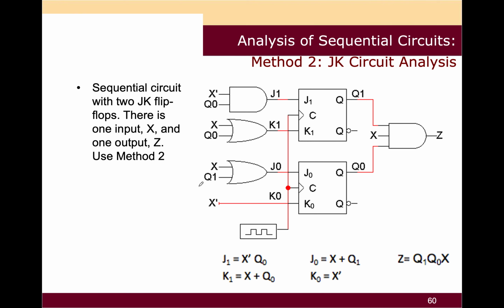Okay, now method 2. You have another method for analyzing sequential circuits. Method 2 is JK circuit analysis, which is used if you are given a sequential circuit with 2 JK flip-flops, one input X and one output Z. So you're going to use this method too.